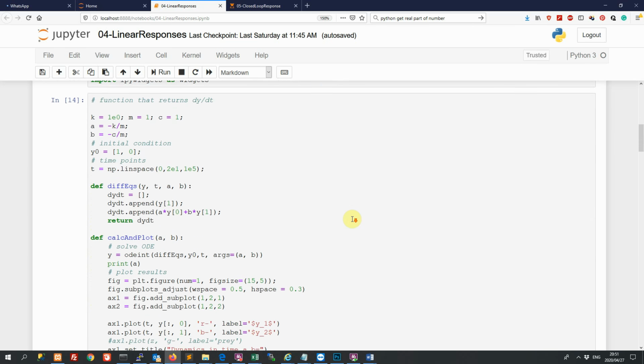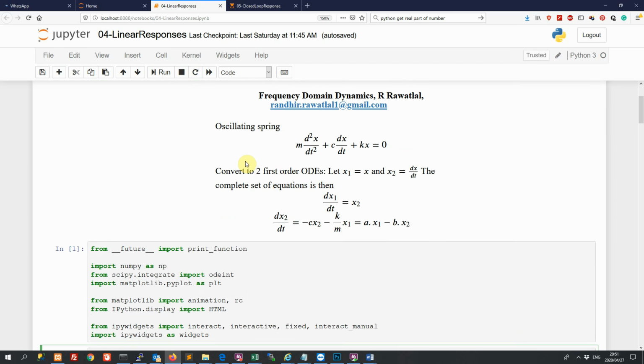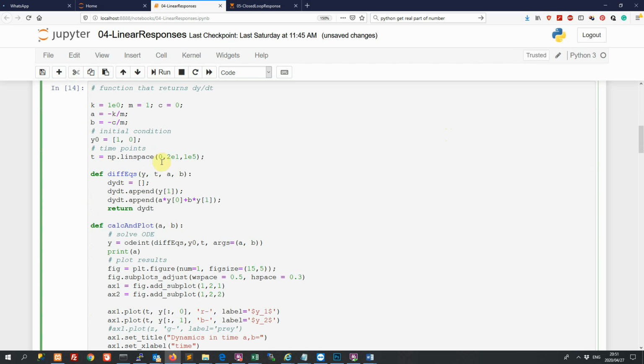So let's see if we can make that. Let's switch off the friction, and you can read through the code here. I'll point out any unusual features, but it's the same differential equation that we looked at last time in the example of creating differential equations. With no friction and an initial condition of 1, we've moved it away from 0.